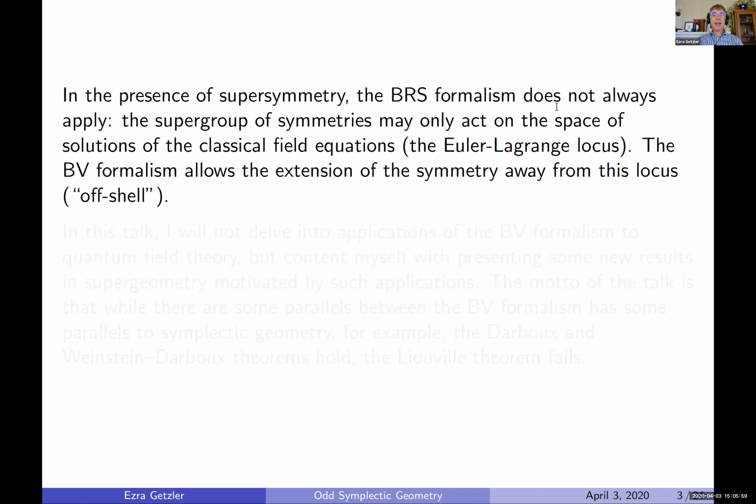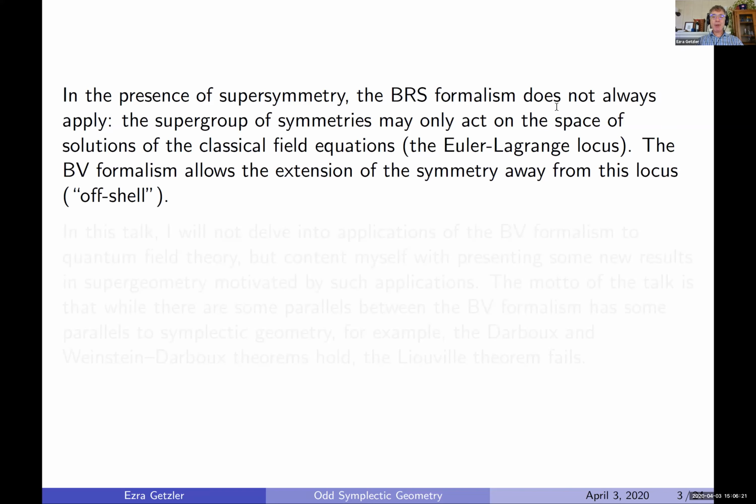So a typical situation that the Batalin-Vilkovisky formalism can handle which the BRS formalism cannot, is in supersymmetry, it often happens that the supersymmetry is in fact a symmetry of the theory only where the Euler-Lagrange equations hold, the classical solutions of the field theory.